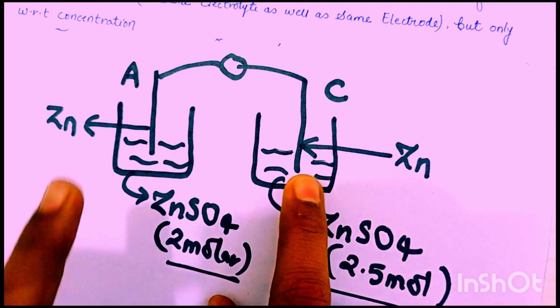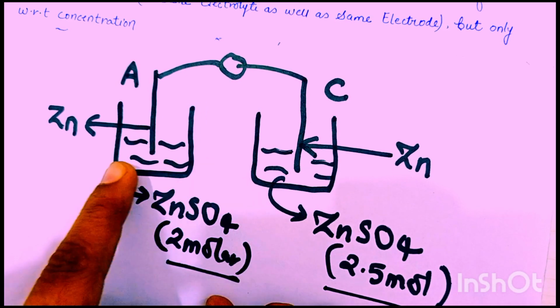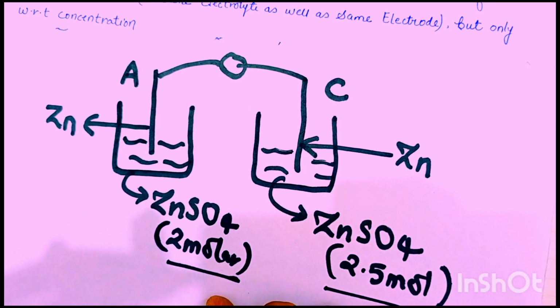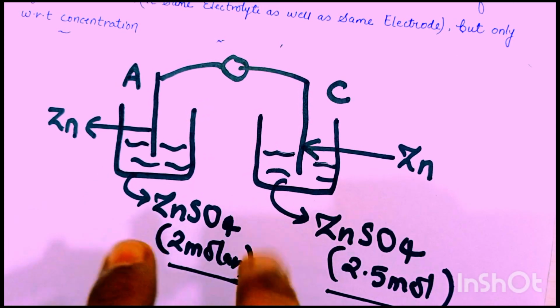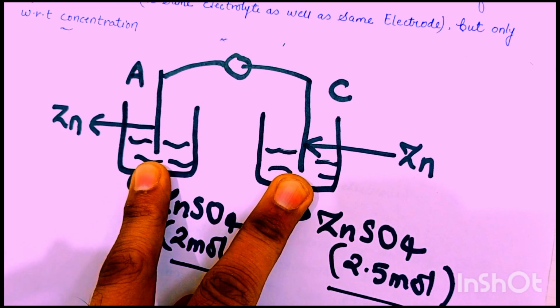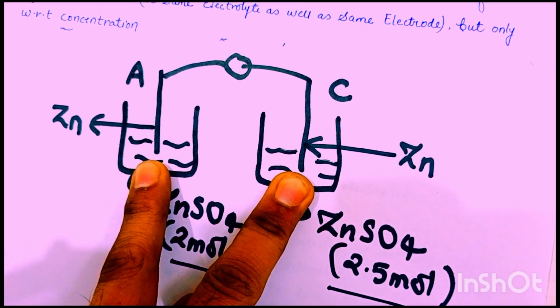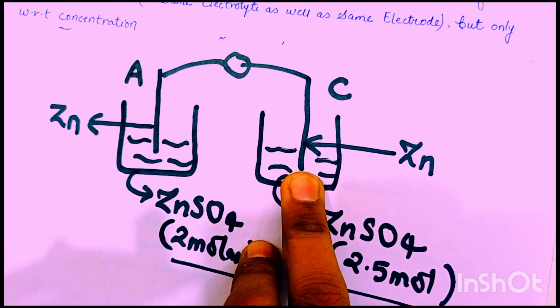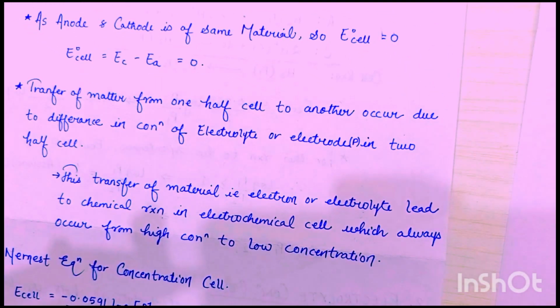Very important point: the driving force for the working of the concentration cell is the difference in the concentration of electrolytic solution in both compartments, that is the oxidation compartment and the reduction compartment. Now it is very obvious that the material transfers from the higher potential region to the lower potential region; it is the law of science.